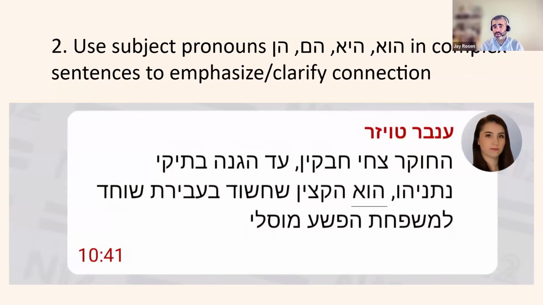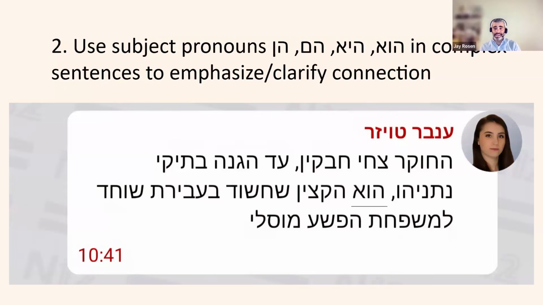So if I was to translate this all together, it would sound like this: The investigator Tzachi Chabkin, the defense witness in the Netanyahu cases, is the officer that is accused of the crime of bribery for the Museli crime family, right?